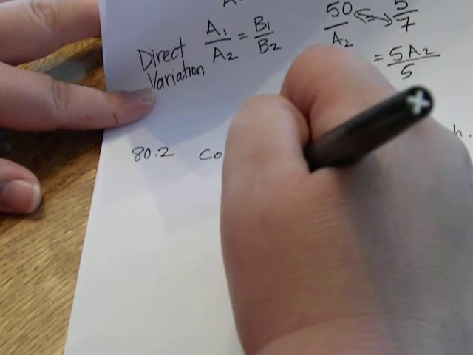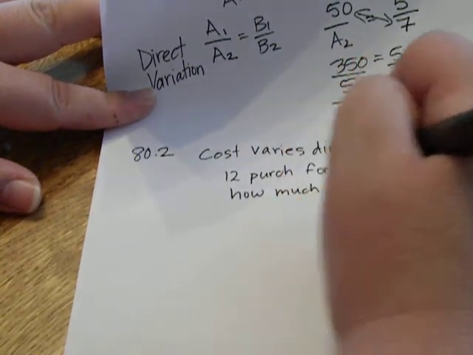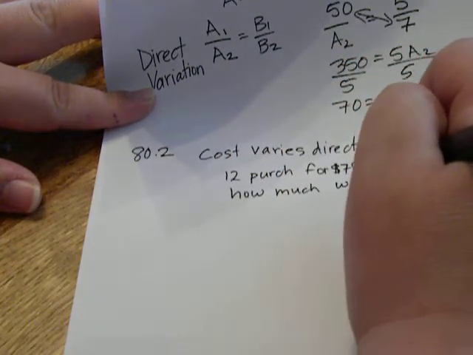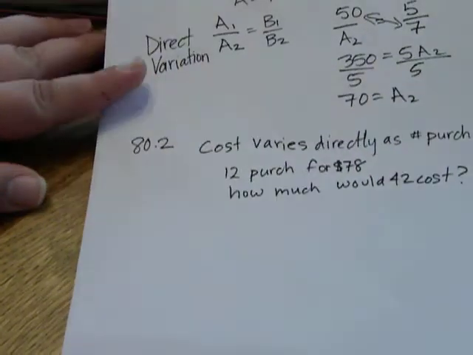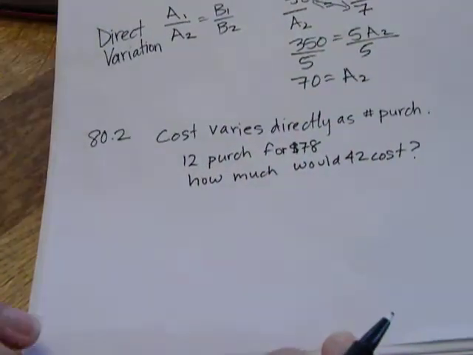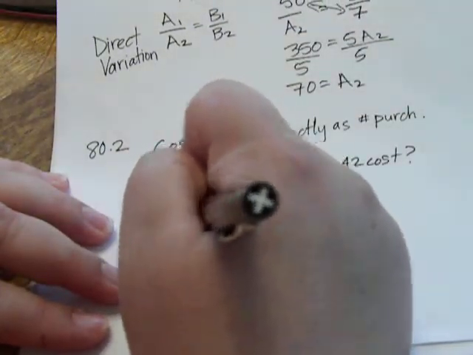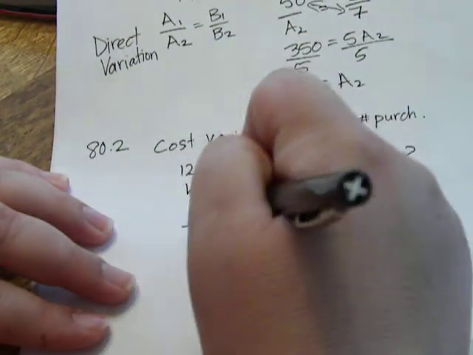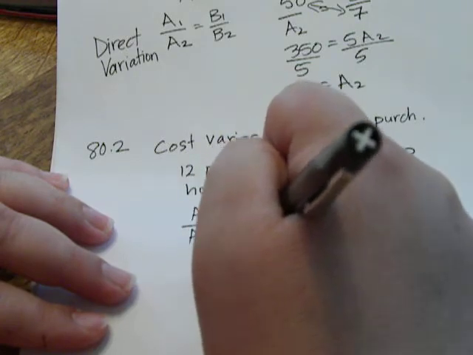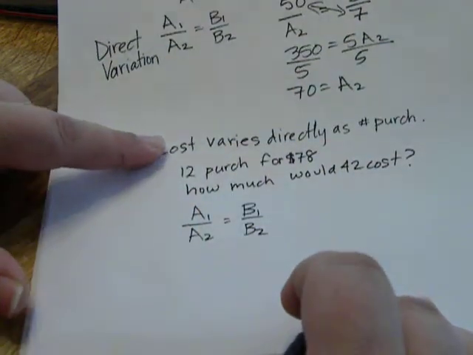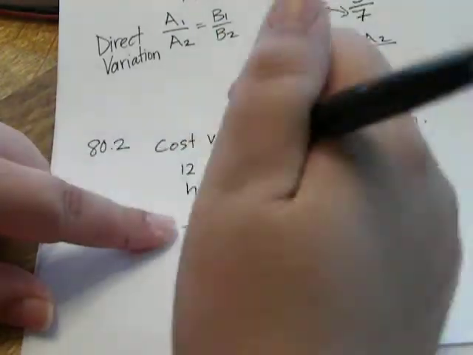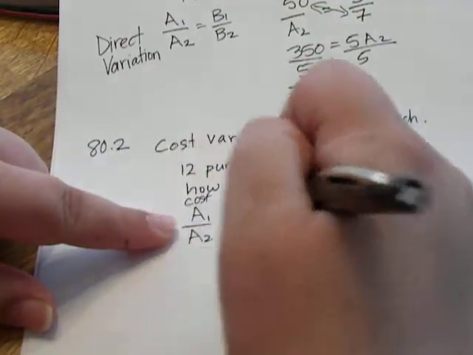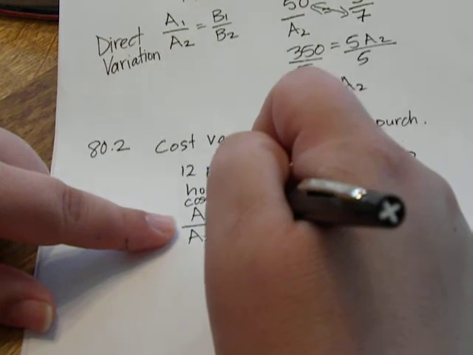How much would 42 cost? Okay, so again, we're going to set up A and B. We'll have A1 is to A2 as B1 is to B2. Cost varies directly as the number purchased. So we'll have A sub 1 be cost, and we'll have our B's be the number purchased.